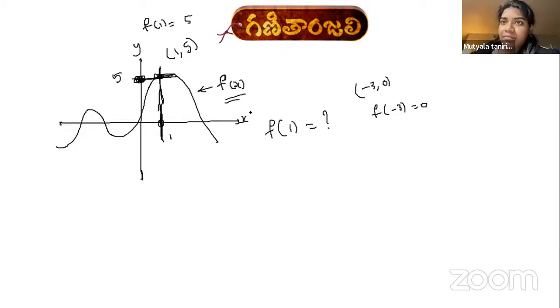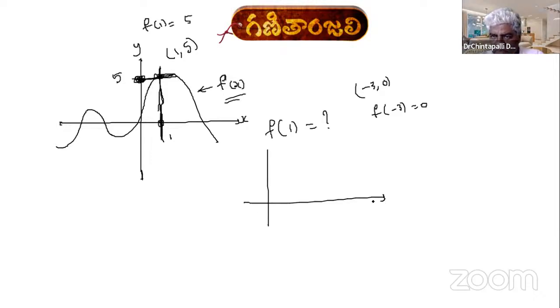If we see another graph, are you getting clarity? There is a graph like this, with points 0, 1, 2, 3, 4, 5, 6 marked.